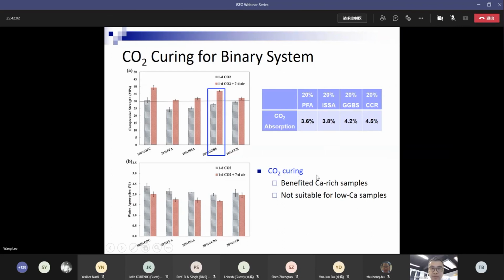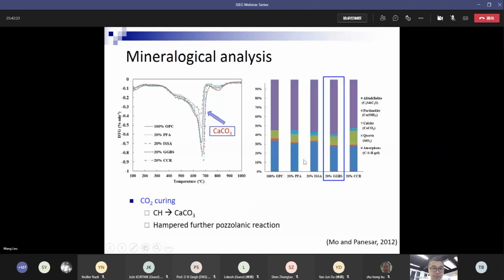So with insufficient calcium in the system, it cannot activate the PFA and the ISSA for the pozzolanic reaction. So CO2 curing is very suitable for the calcium-rich system. In this system, we can find, especially for the GGBS, a lot of calcium hydroxide turns into calcium carbonate. But the pozzolanic reaction was delayed.